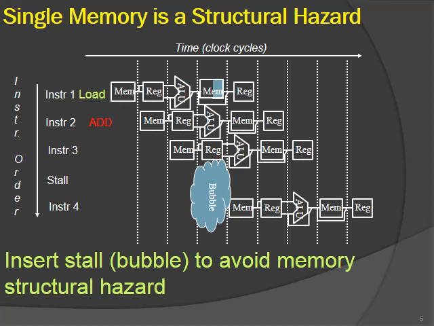So how can we avoid the structural hazard during our pipelining process? There is a possibility to deal with the structural hazard by inserting a stall, which is a bubble, to avoid the memory structural hazard.